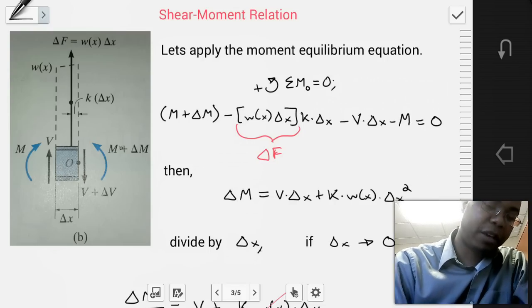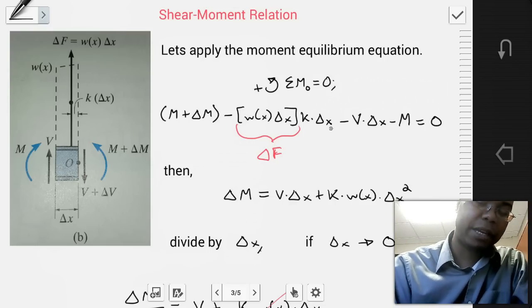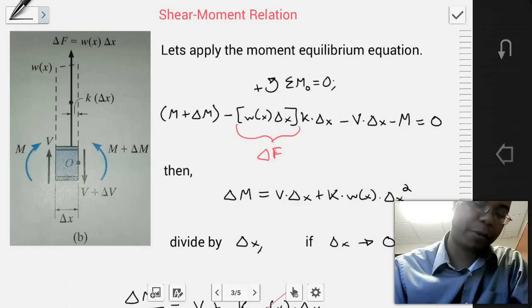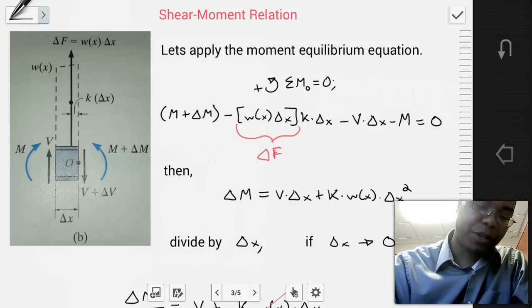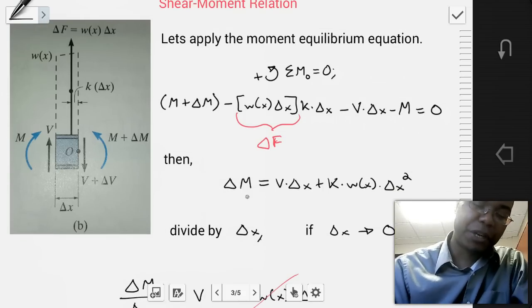So we're simply taking everything in our diagram and applying it in terms of the sum of the moments about point O. Once we've done that, we can cancel out the like terms, and we'll find that the change in moment is equal to the internal shear force times the distance plus the K factor times the distributed load times the length of the section squared.